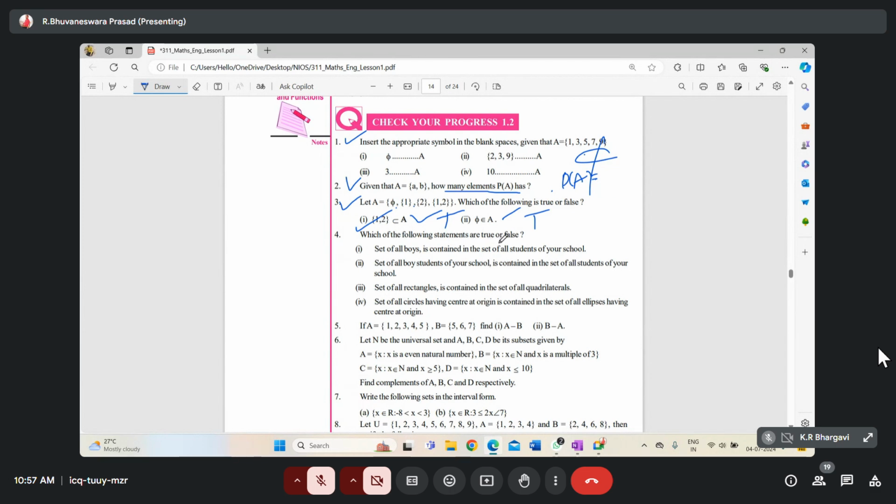Next, which of the following statements are true or false? So set of all boys, ఆ సెట్ లో ఆల్ బాయ్స్ ఉన్నారు. ఇట్స్ కంటైనెడ్ ఇన్ ది సెట్ ఆఫ్ ఆల్ స్టూడెంట్స్ ఆఫ్ యువర్ స్కూల్. ఇది ట్రూనా ఫాల్స్ అనేది మీరు చెక్ చేసుకోవాలి. అర్థమైందా? ఏ అనే సెట్ బాయ్స్ మొత్తం తీసుకున్నాను. ఈ సెట్ నుంచి ఇట్స్ కంటైన్స్ సెట్ ఆఫ్ ఆల్ స్టూడెంట్స్. బి అనే సెట్ లో ఆల్ స్టూడెంట్స్ ఉన్నారు.